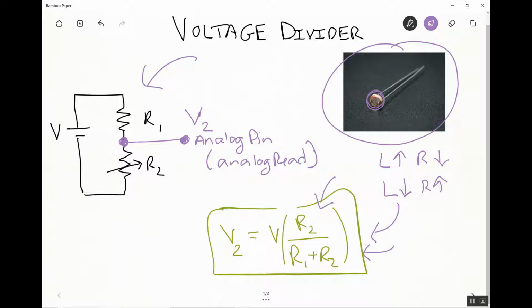So V2 is going to get bigger. It's going to get closer to V. In other words, when R2 is big, more of the voltage is used by R2. So the voltage would go up and your analog read value would go up. If you hooked up this circuit to your Uno and did an analog read in the dark, you get a big value.